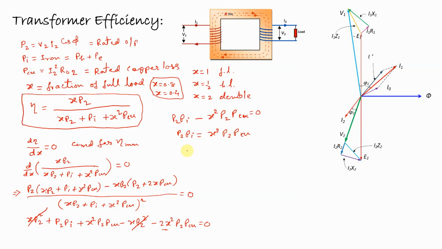If we cancel P2 from both sides, we can write Pi is equal to x square PCU.